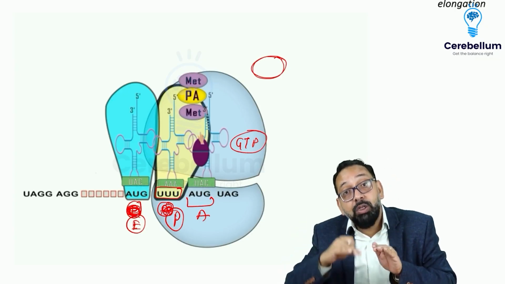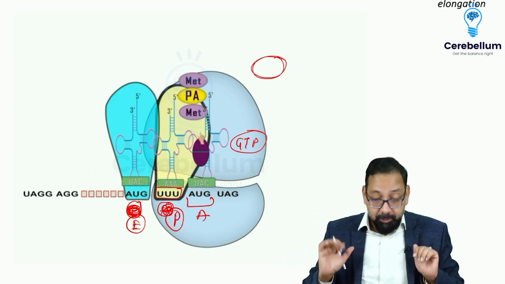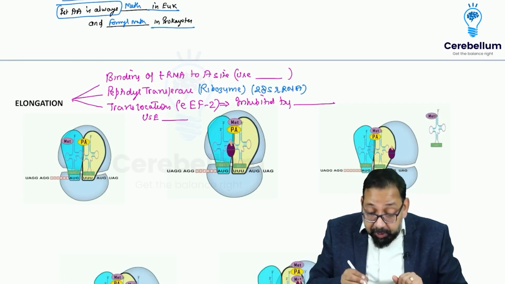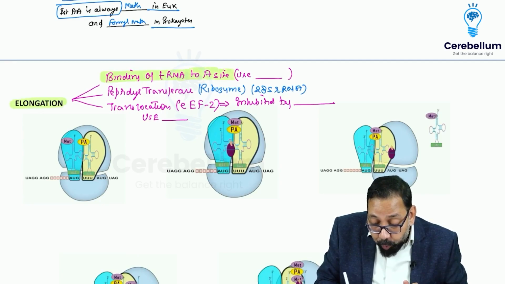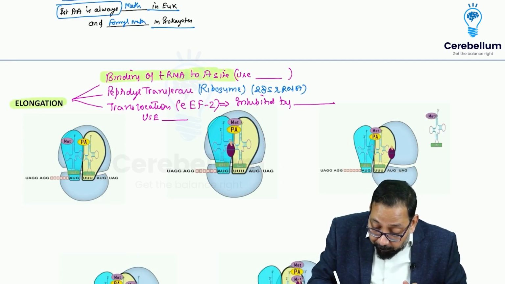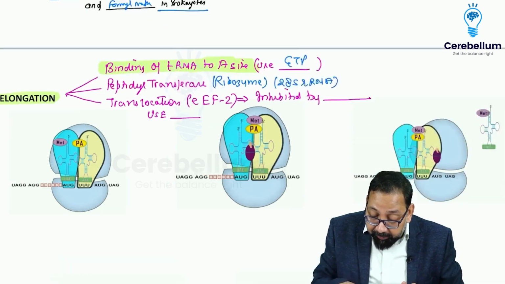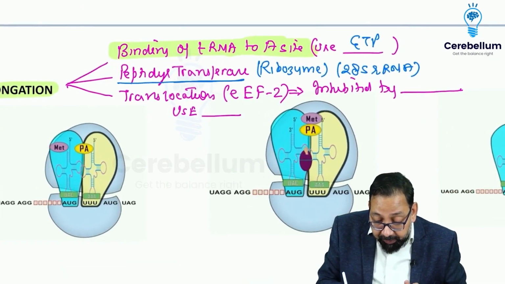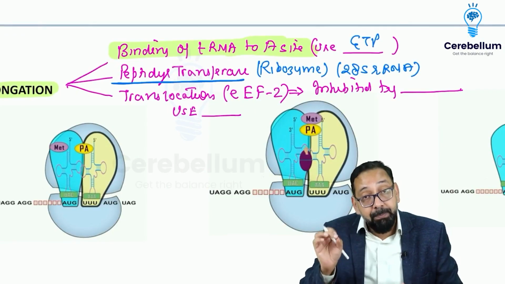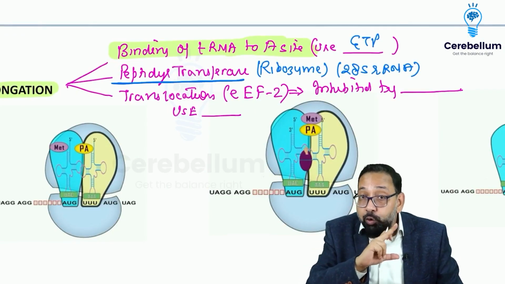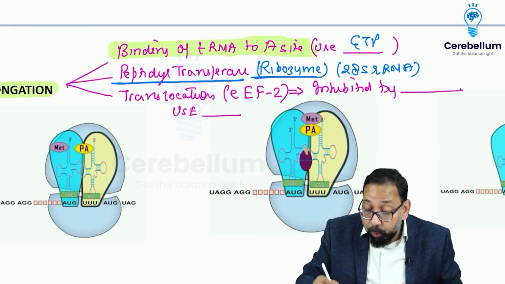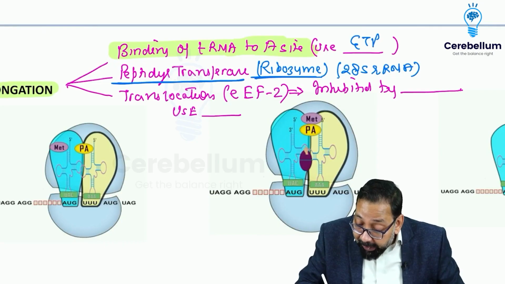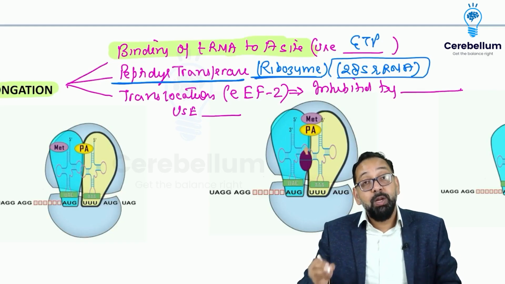Now we come to termination of protein synthesis. Before termination, in elongation, I told you binding of transport RNA to the A site requires 1 GTP. Then peptidyl transferase makes the peptide bond and requires no GTP or ATP. This is a ribozyme because we found that this enzymatic activity is present in 28S ribosomal RNA.